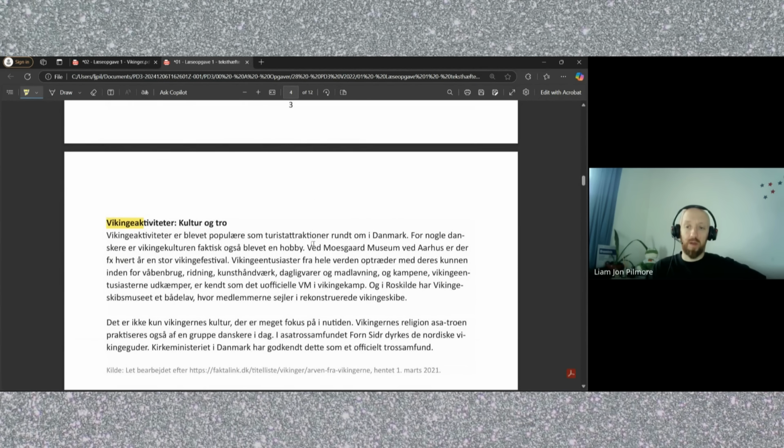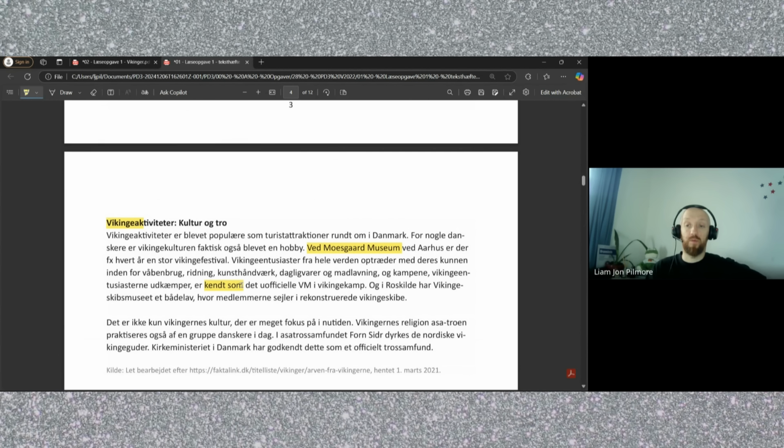I've already spotted Mosegaard Museum. Okay, now I'm looking for maybe konkurrence, something with that. Not actually. But I have found the words kendt som, known as.